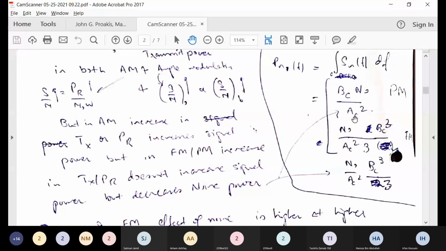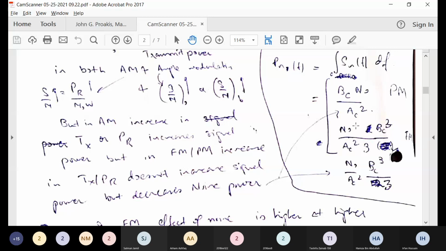If you are increasing A_C, this means you are decreasing your noise power, because you know the message signal is actually contained in the phasor part. So if you are increasing the power in FM system, you are not increasing the power of the message signal. You are increasing the carrier amplitude and power. That results in the decrease of the noise power. Hence, the signal to noise ratio increases.